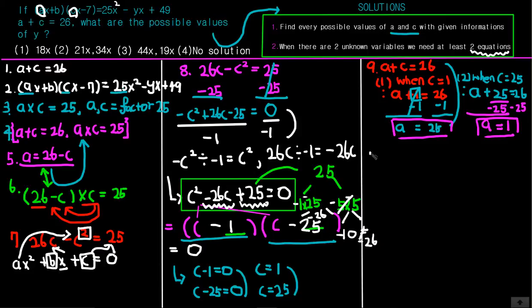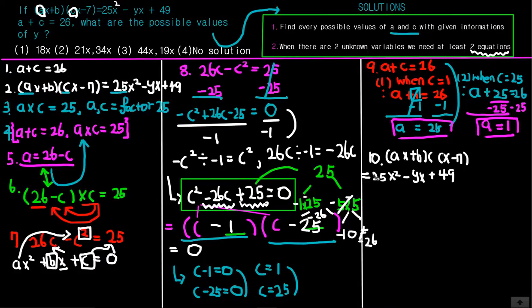So for the quadratic, if we bring our whole expression down again, ax plus b times cx minus 7 should be equal to 25x squared minus yx plus 49. And here we can bring our equal sign down.